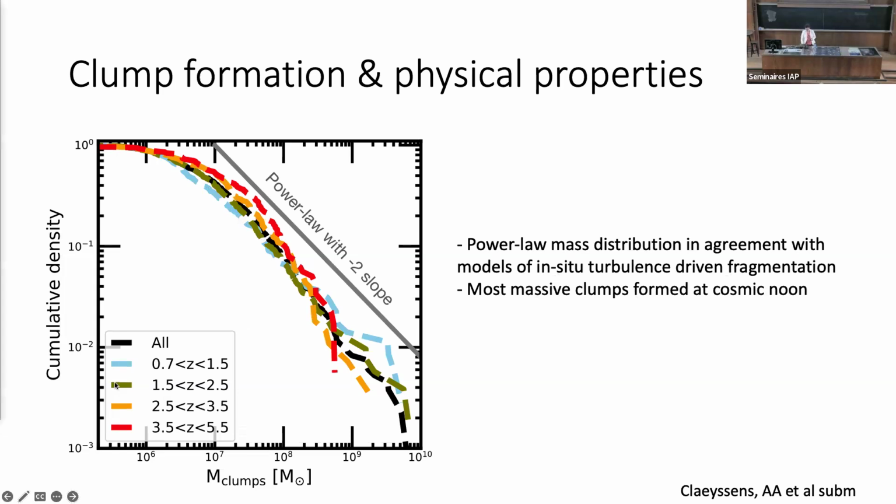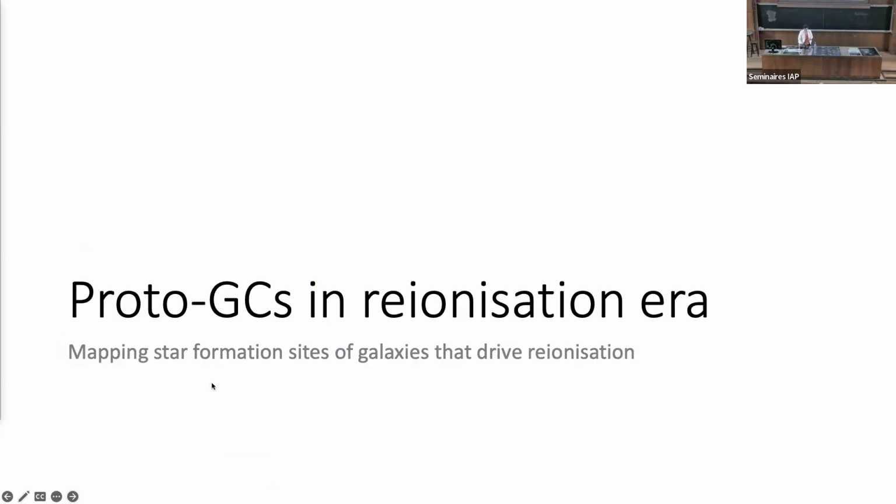So I think this is interesting. There was not enough number to look at the mass of galaxies, but we are now moving, in the last 6 minutes, to actually looking really at proto-globular clusters.